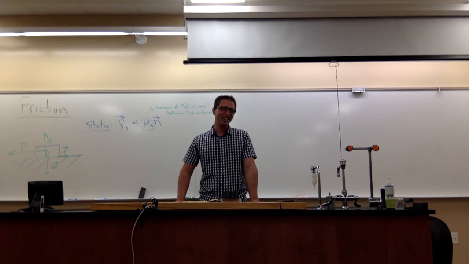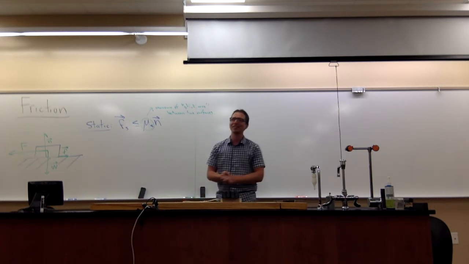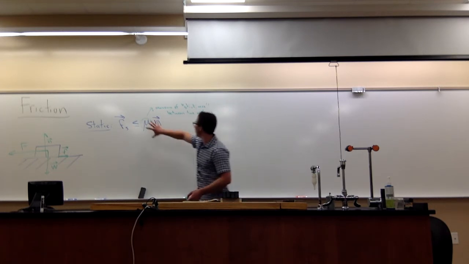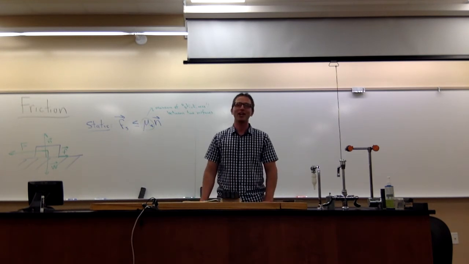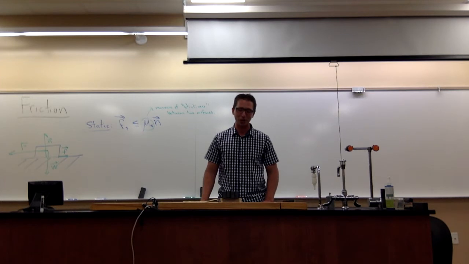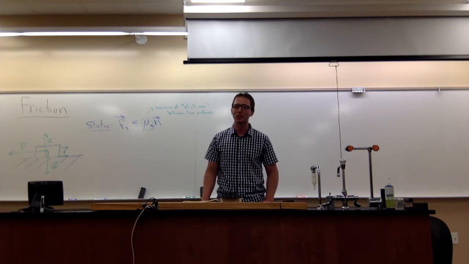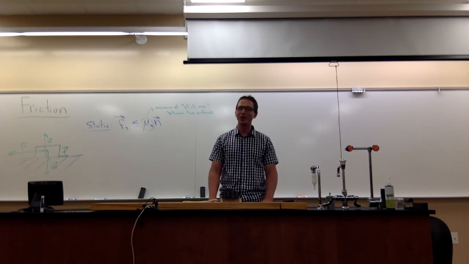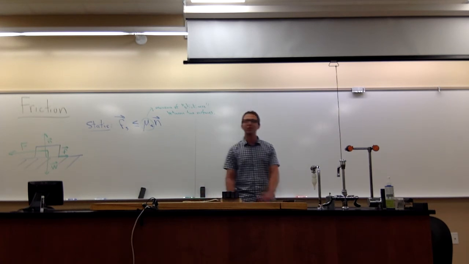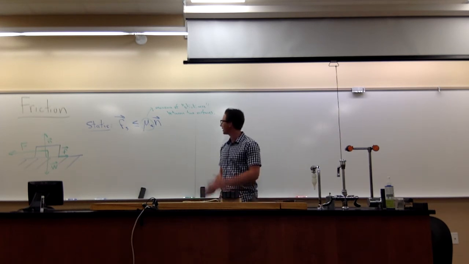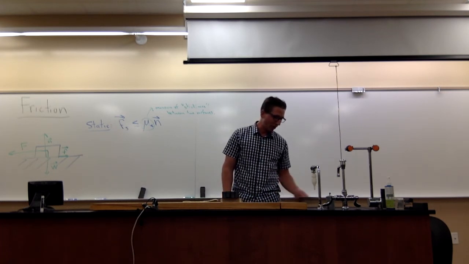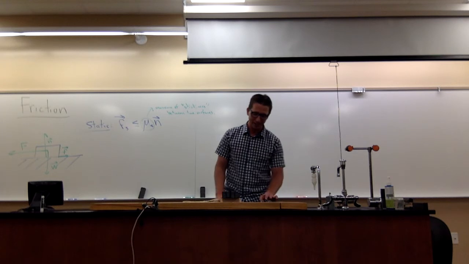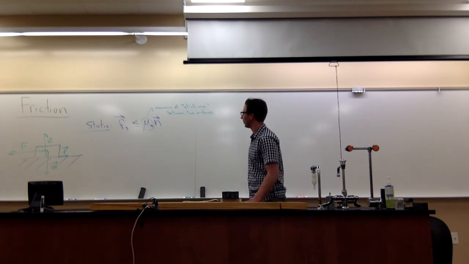The exact microscopic description of that mu coefficient is going to be very complicated. It depends on forces like the van der Waals interaction, and on surface irregularities as well. As I mentioned earlier, no surface on the microscopic level is perfectly smooth, so we'd expect some roughness when surfaces are in contact with one another.